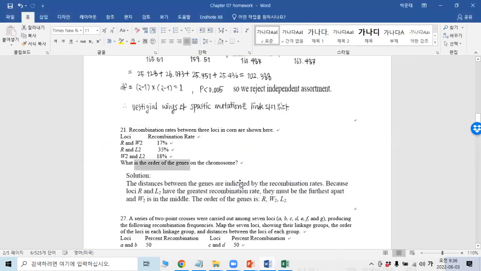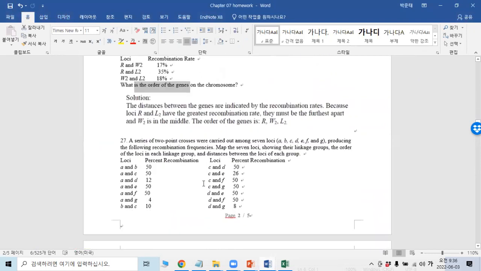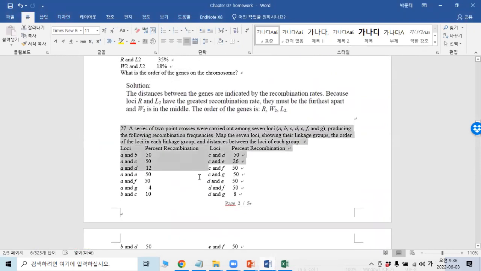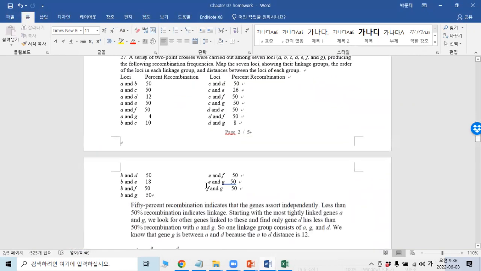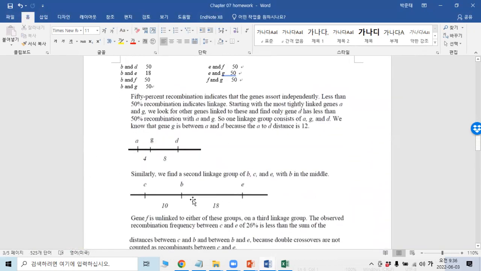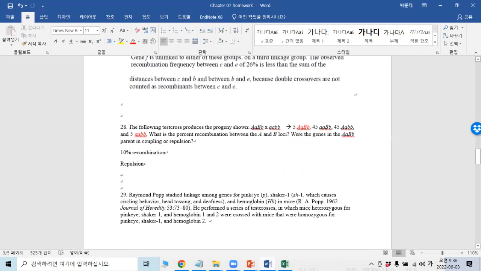Based on this, we calculated their location like this. You have to know this, and this, and this. You have to define that their location is like this.